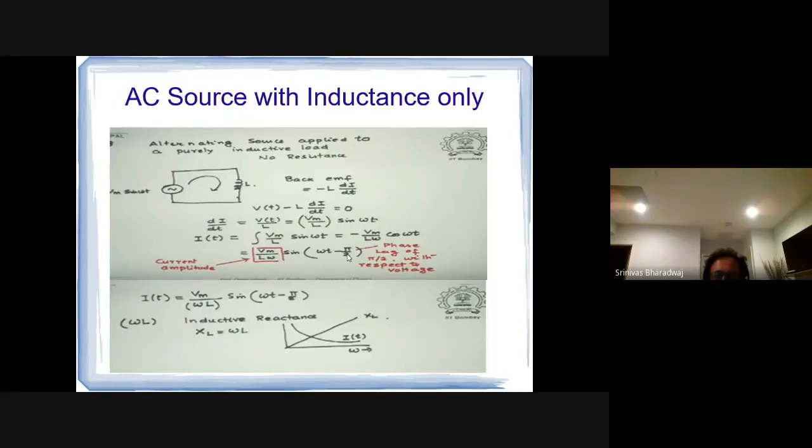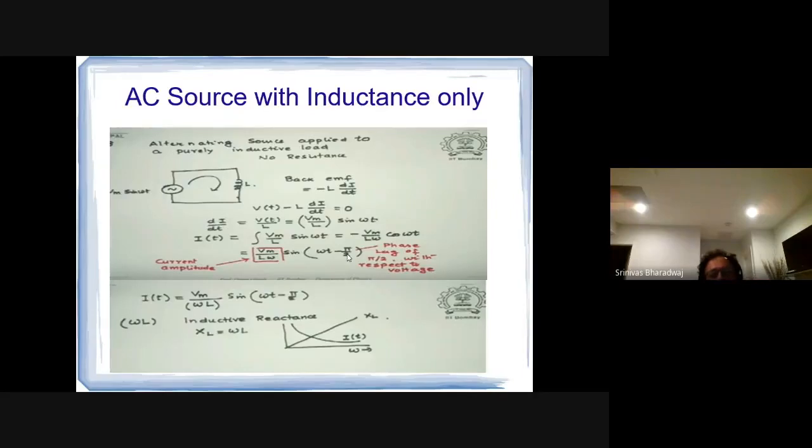Now what is the voltage on an instantaneous basis? Phi equals Li, d phi by dt equals minus L di by dt, right? So the voltage drop is L times di by dt.